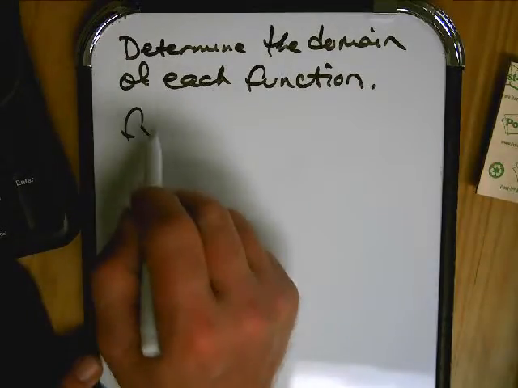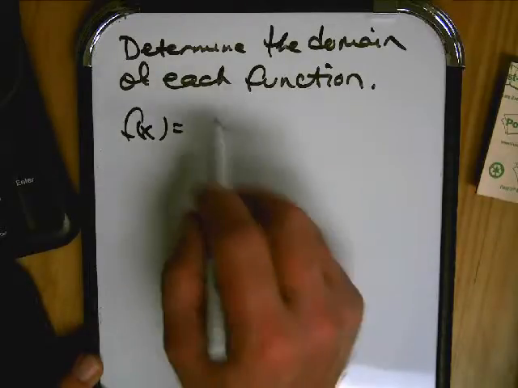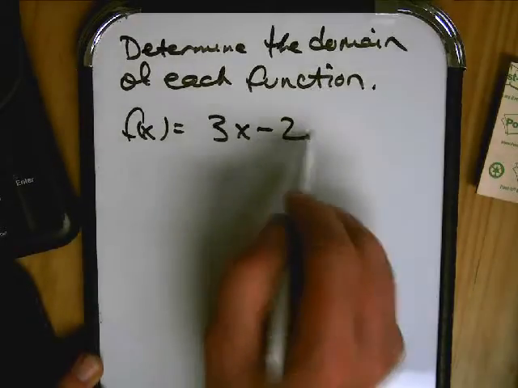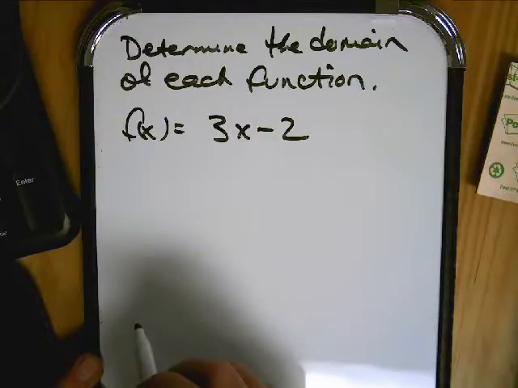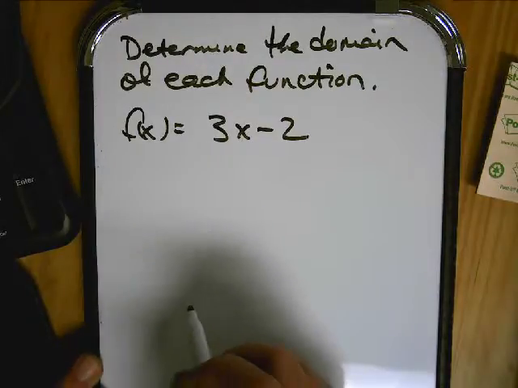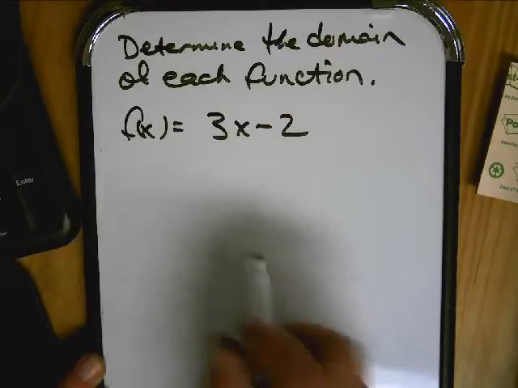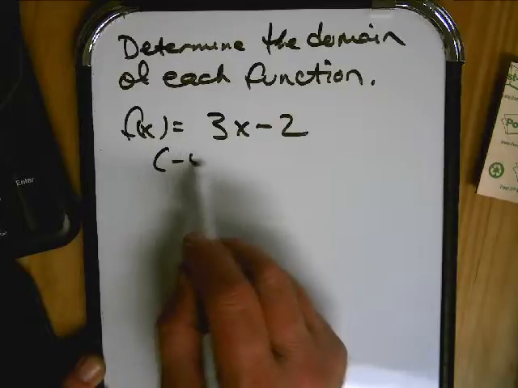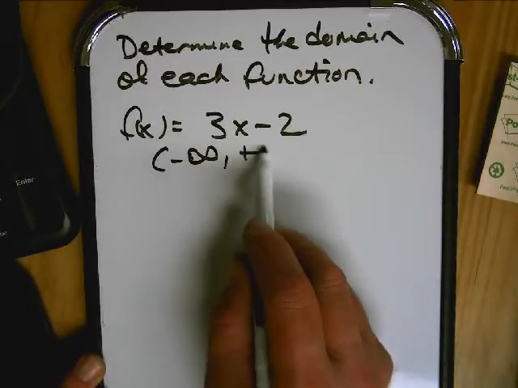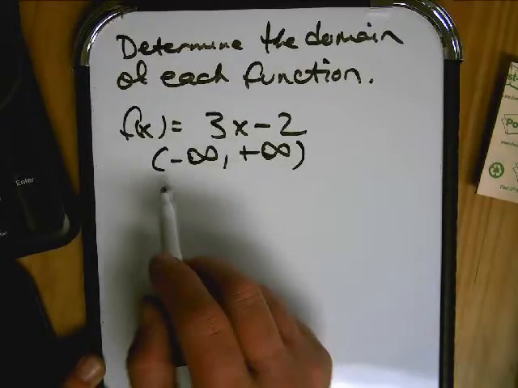F of x equals 3x minus 2. What's the domain of that function? It's all real numbers, isn't it? This is a linear function. Its domain is always all real numbers.